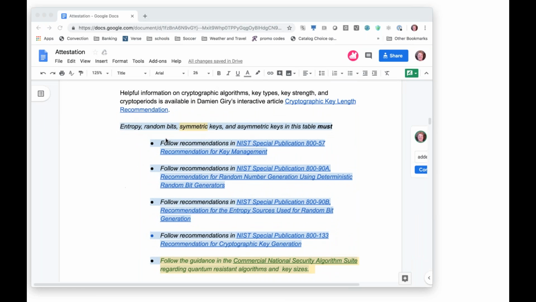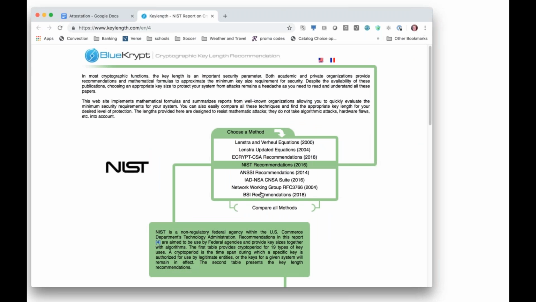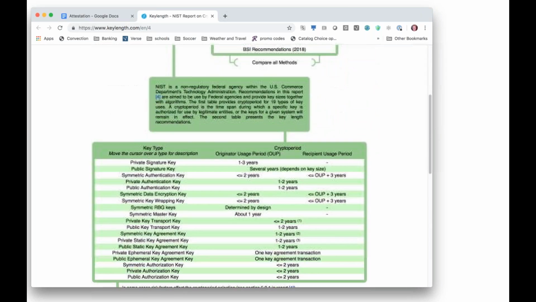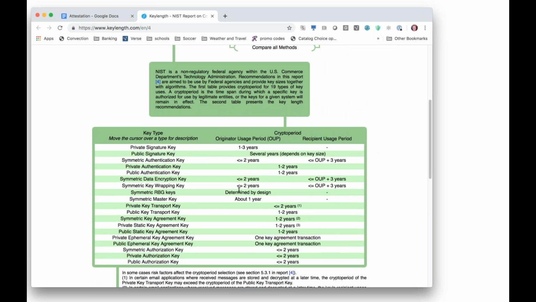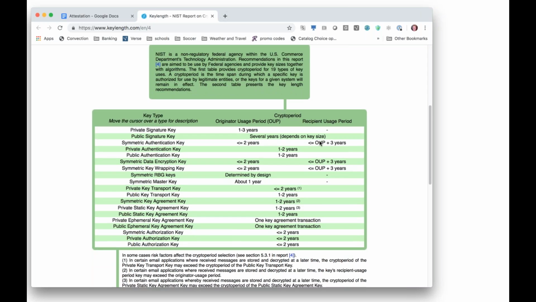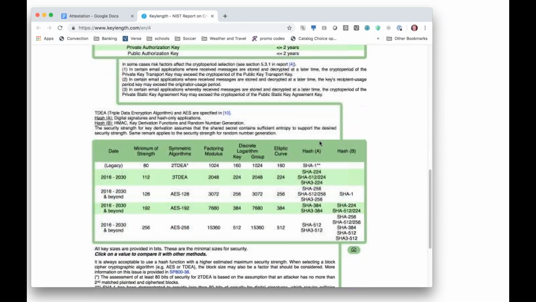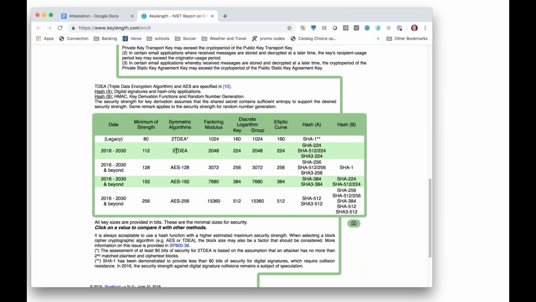we had suggestions on adding a reference to this cryptographic key length recommendation. Let me see if I click on that. This is a really cool website I had never seen before, and it talks all about the different types of keys, how long you should use them for the originator and the recipient, if it's applicable, and then the different algorithms and what strength is recommended, what hashes are recommended for various years.